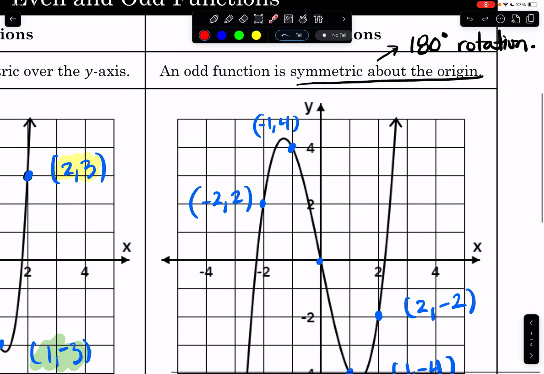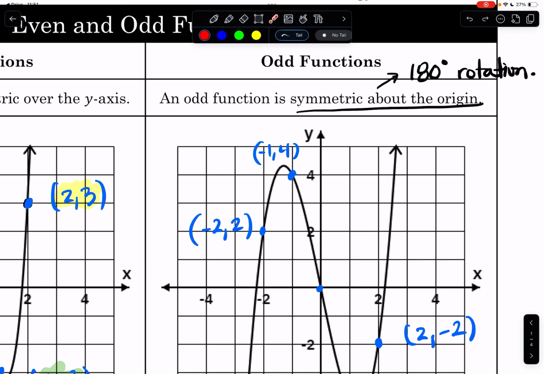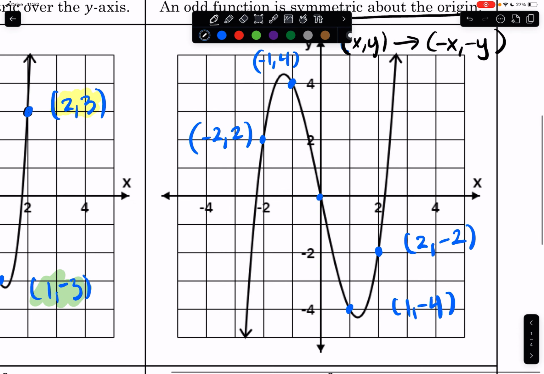So if a function is going to be an odd function, which implies it's going to be symmetrical through the origin, that means that for every x value that's on the graph, the opposite x and the opposite y value is also going to be on the graph, as you see right here.